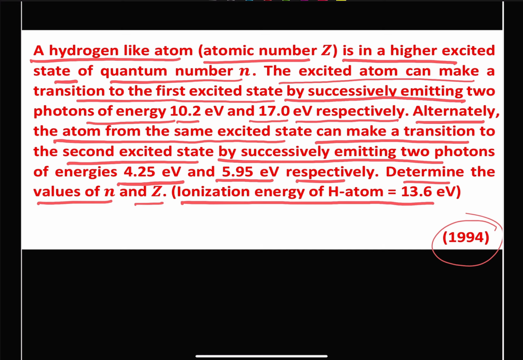So we are given that successive photons are emitted in both the cases, but how they are emitted is different. So they have two paths in which the energies are being emitted.